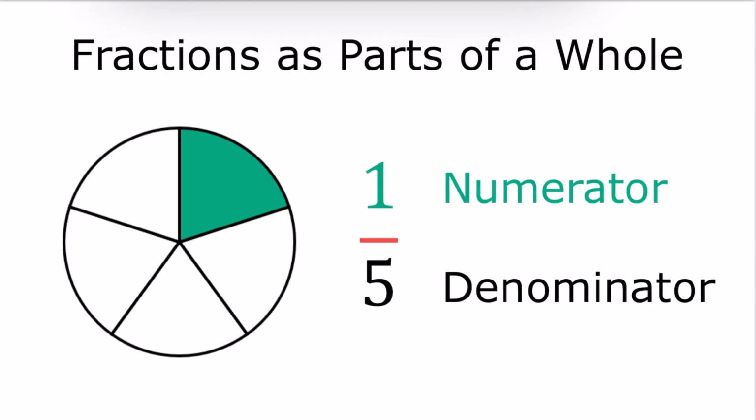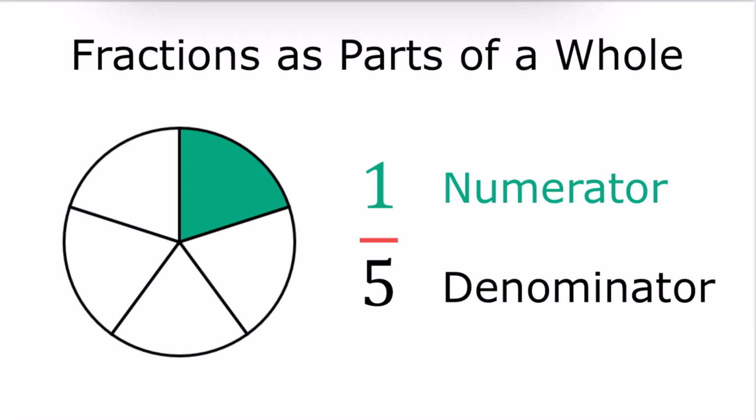And one of the most common ways of thinking about fractions is to think about fractions as parts of a whole. If you're thinking about fractions in this way, the denominator of the fraction tells you how many pieces the whole is split up into. And it's really important that when you split the whole up, it's split up into equal pieces.